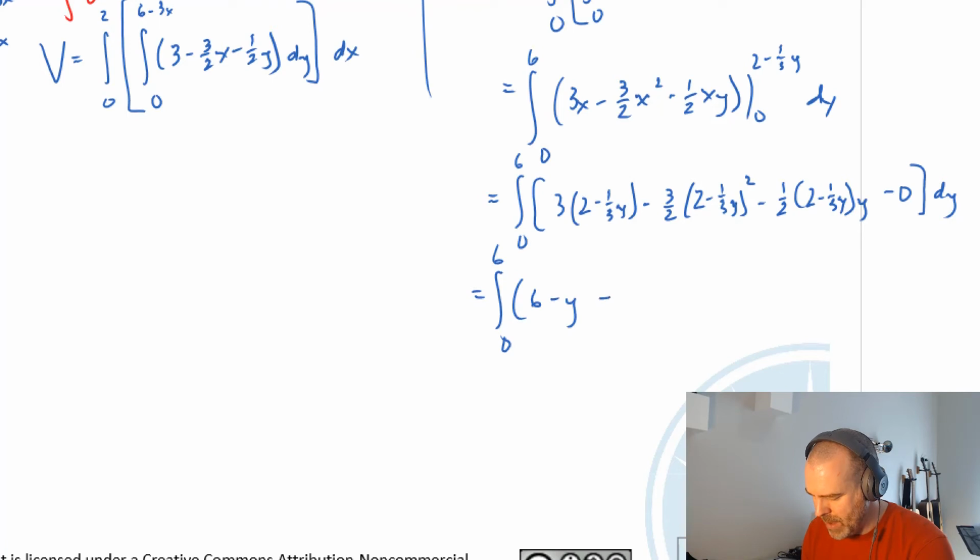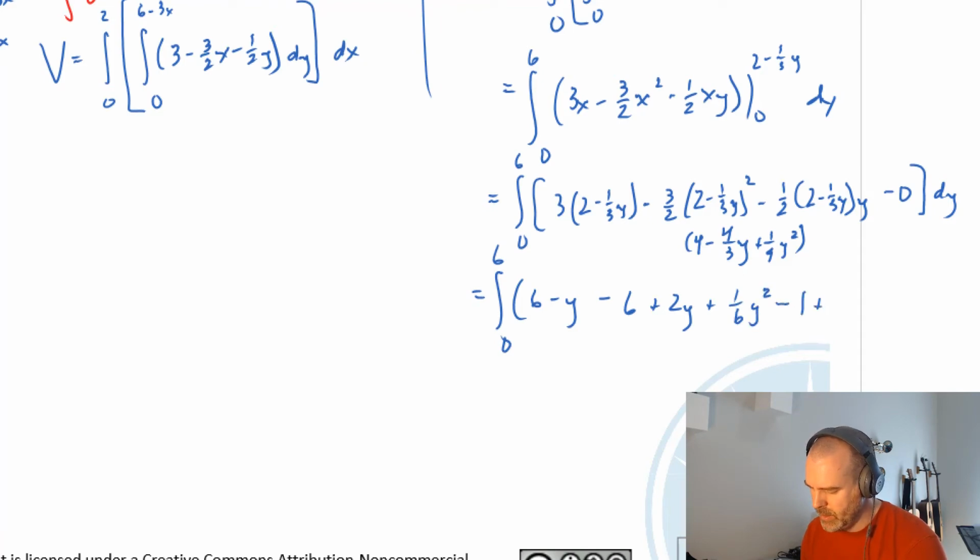6 minus y minus, oh, this will be 3/2 times 4 minus, and we double them multiplied together, 4/3 y plus 1/9 y squared. So multiply 3/2 times that, that'll be 12/2, so that's 6 plus 2y plus 1/6 y squared, and then we have minus 1 plus, oh no, minus, there's a y at the end there, minus 1y, and then plus 1/6 y squared.